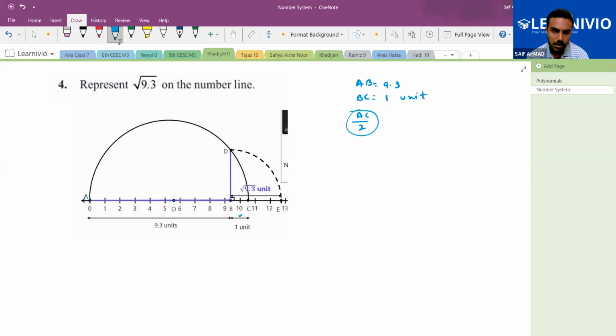Now we have to make a perpendicular from B point, which cuts this semicircle at point D. Now taking BD as the radius, make an arc which cuts this line at E. Now B to E, BE is the root 9.3. This is the square root of 9.3.